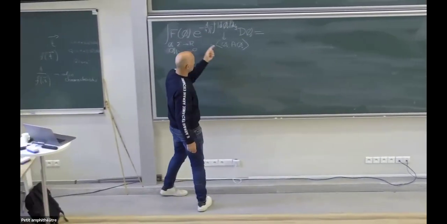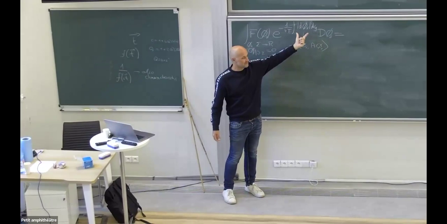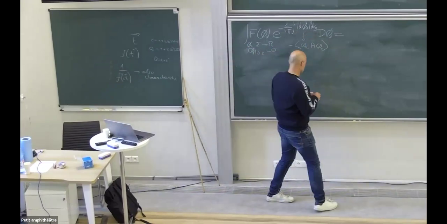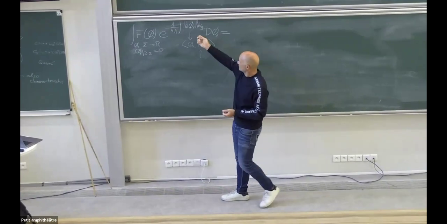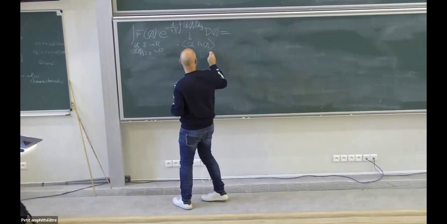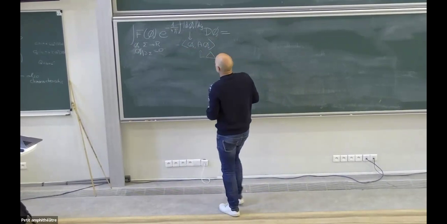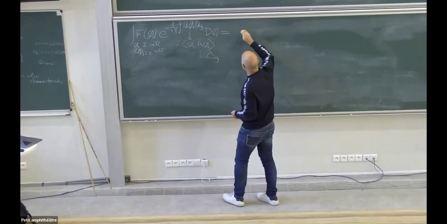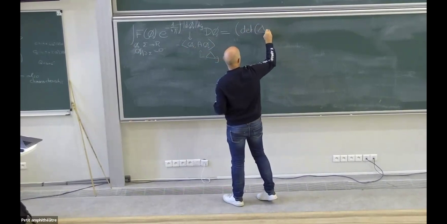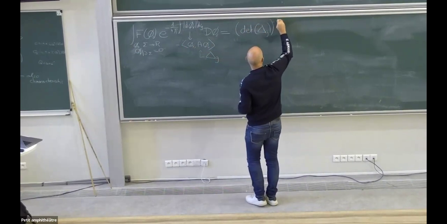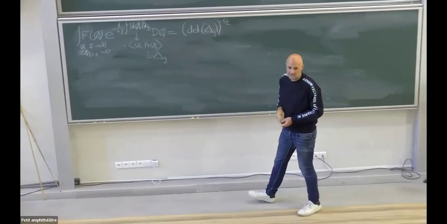So if this integral was finite dimensional, it's a Gaussian integral, right? You would try to spot this operator. This operator here, of course, it's the Laplacian, because if you integrate by parts the gradient, you get the Laplacian. And so what would be this integral? You would have the determinant of the Laplacian that you take to the power minus 1/2 if it was finite dimensional.